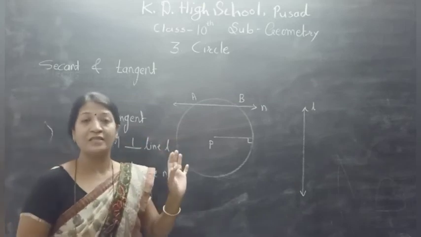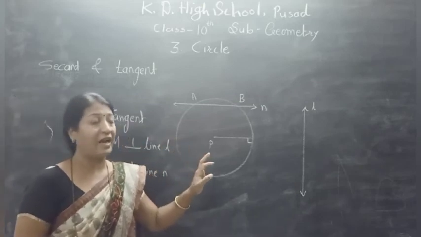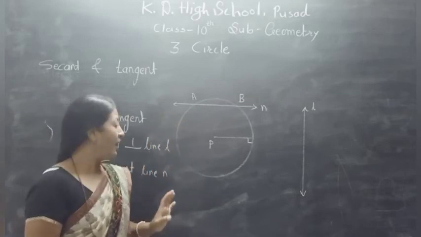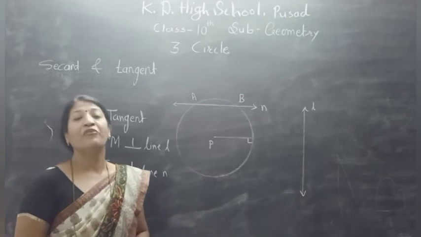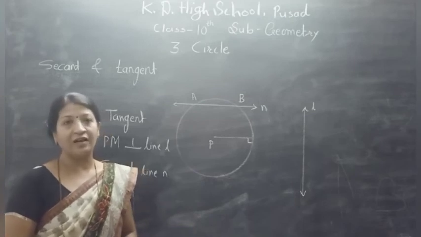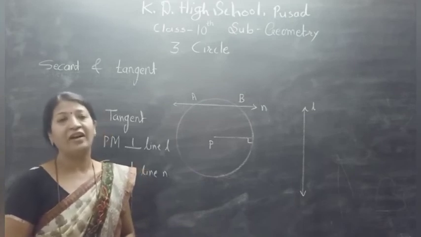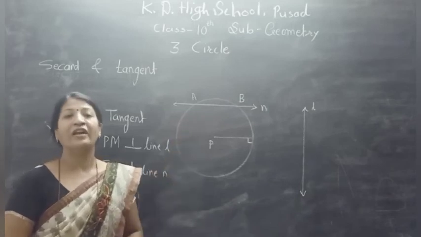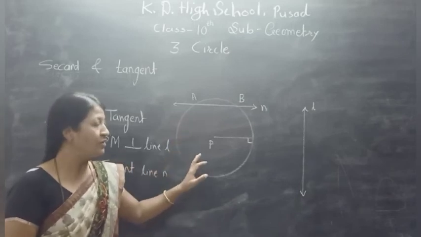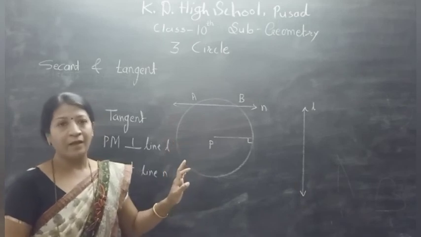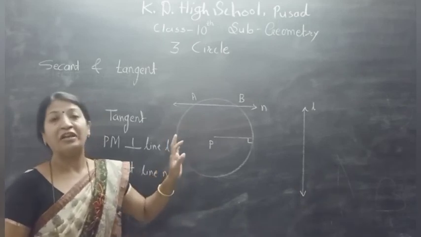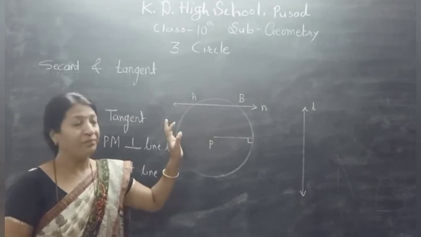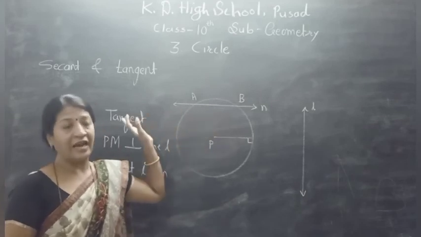So, what are tangent and secant? A tangent is a line which touches the circle in a single point, and a secant is a line which intersects the circle in 2 different points. Very clear? Now we can draw infinite tangents to a single circle, and we can draw infinite secants to the same circle. These are the secants and tangents.